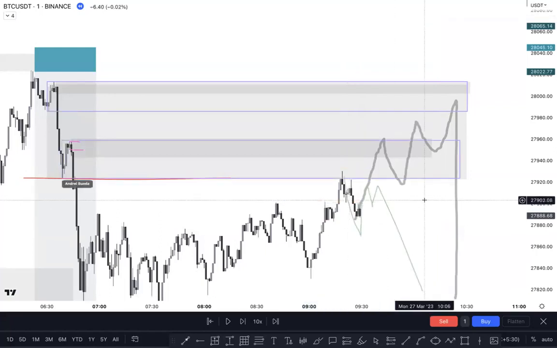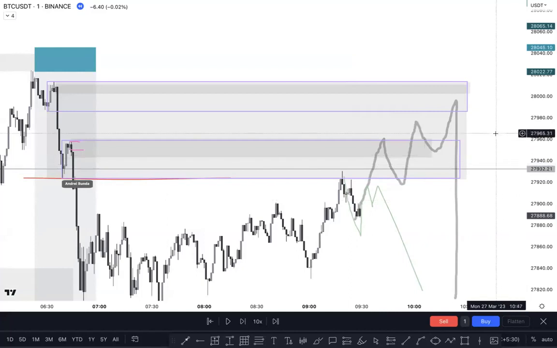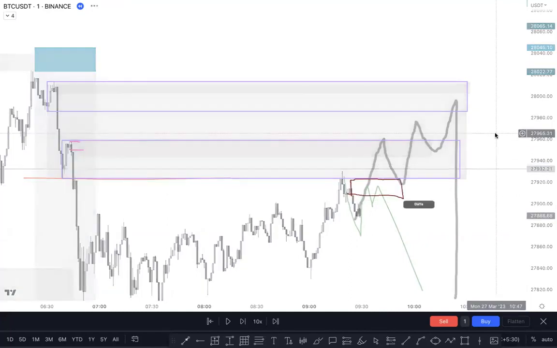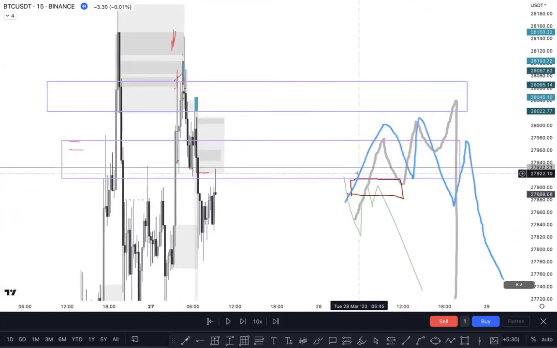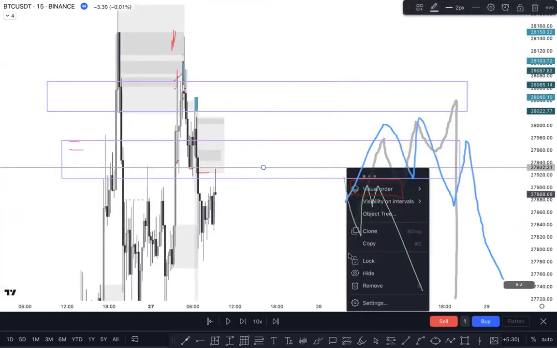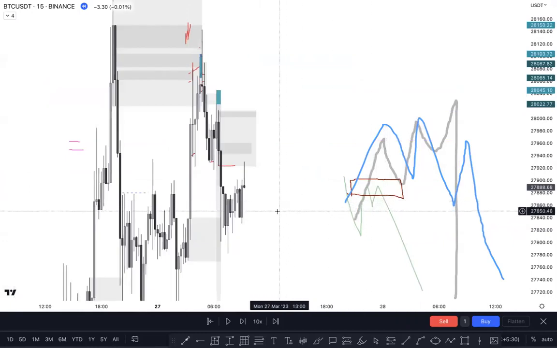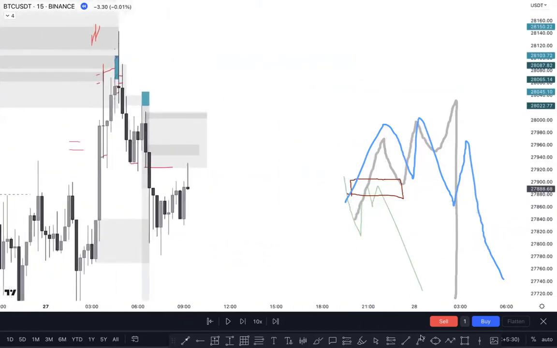And the next possible scenario is here. If you switch to the 15-minute time frame again, then you can see the previous candle high sweep here, right? Sweep here, this candle acts like a PDI. Why?